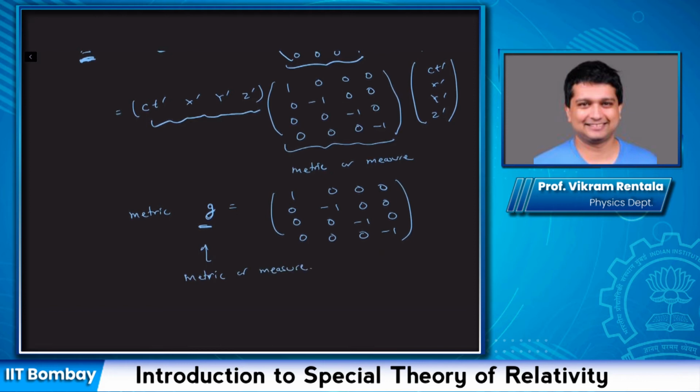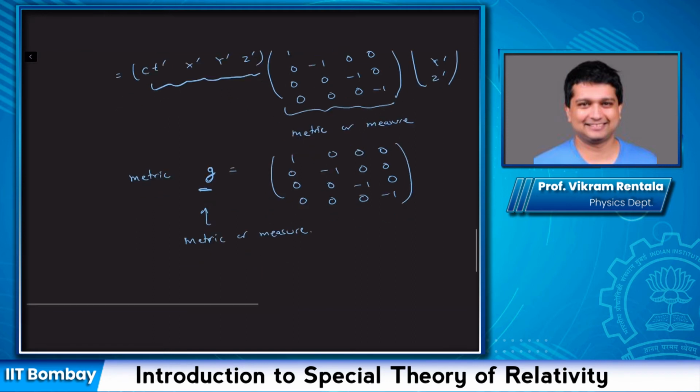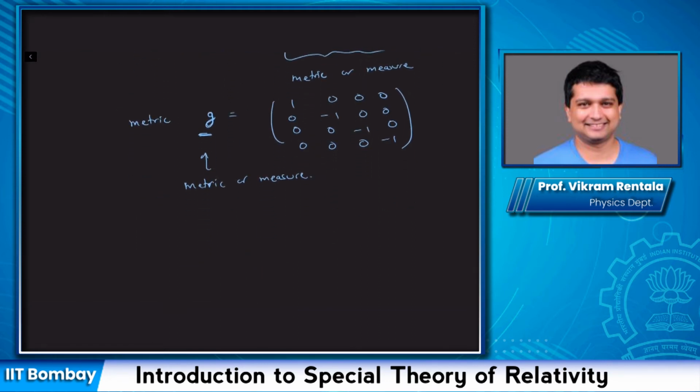Okay, so for any space-time points, if we want to know the distance between two space-time points, for one space-time point we would construct this column vector. This would be in frame S. For another space-time point, we would construct this column vector.